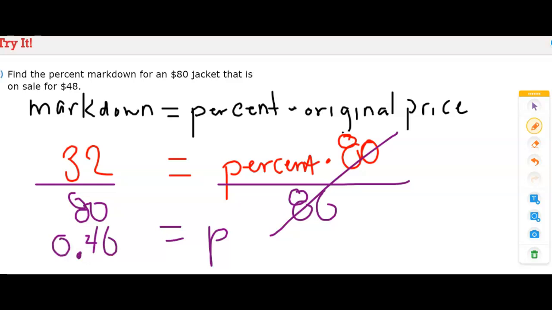But as I mentioned before about a percentage, if you take a decimal and you want it to be a percentage, all you have to do is move that decimal over 2 places to the right. And so our percentage is 40%. And that's it.